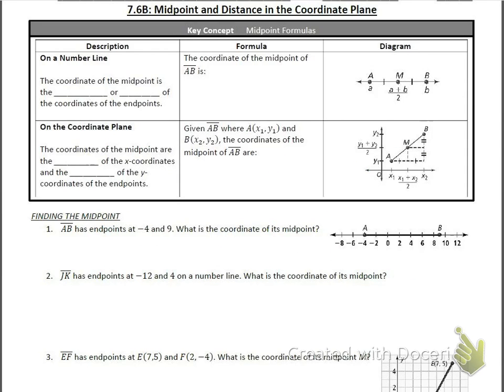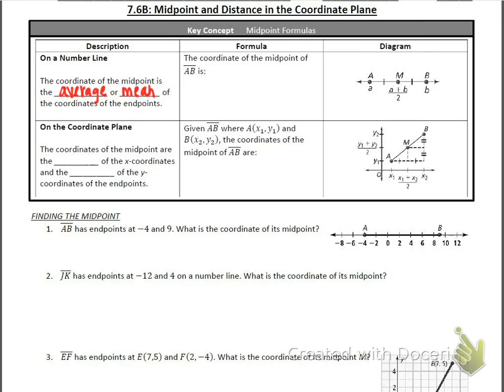Okay, so let's talk about the midpoint. So on a number line, there's two ways we can do the midpoint. On a number line, the coordinate of the midpoint is the average, or another word for average is mean, of the coordinates of the endpoints.